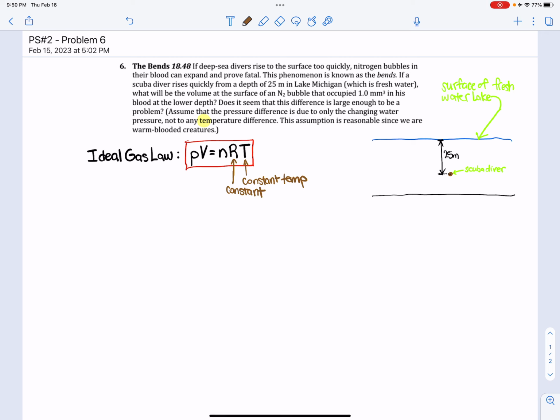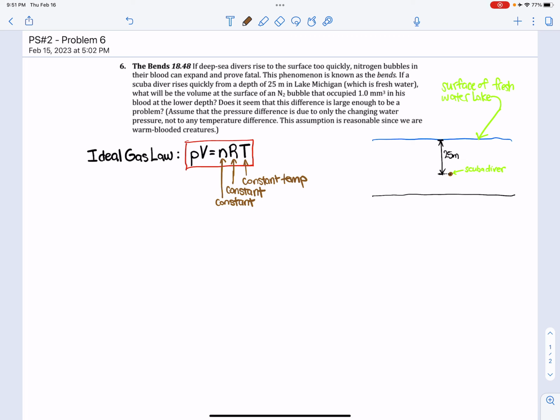And n is the amount of gas, right? And we are focusing on an N2 bubble from beginning to end. So the amount of gas doesn't change. So this is also constant. n is constant. We'll have the same amount of moles of gas from initial to final. Okay, so I was given the initial volume right here, and I'm trying to find the final volume. So that's this guy.